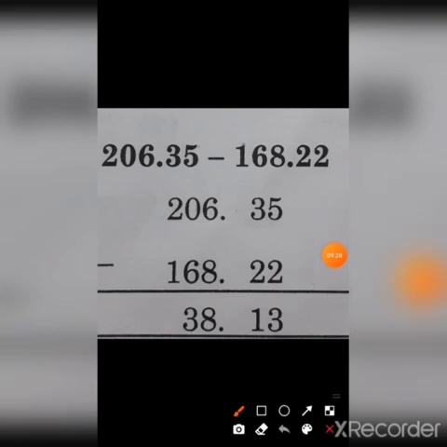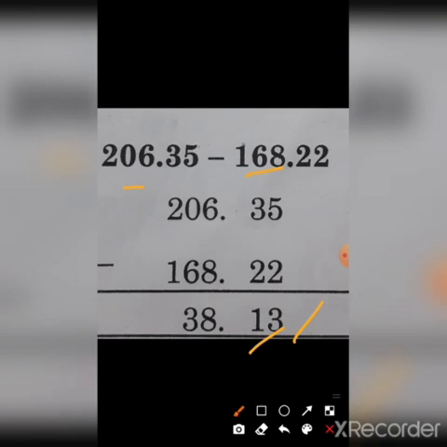Next question. 206.35 minus 168.22. 206.35 minus 168.22. 5 minus 2, is it going? Yes. 5 minus 2, 3. 3 minus 2, 1. 6 minus 8, is it going?